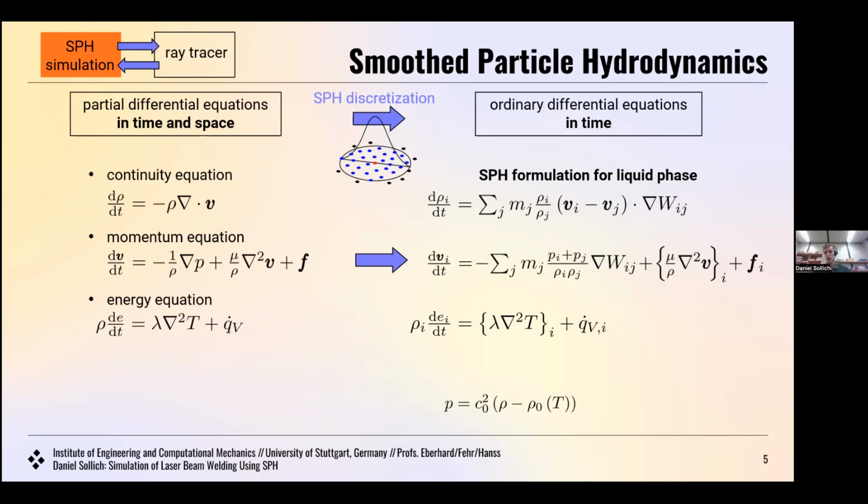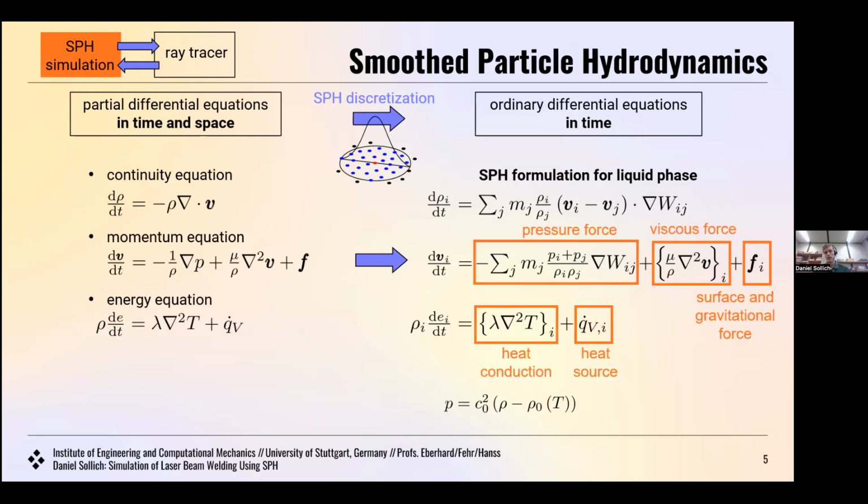And here I want to highlight some terms. So basically in the momentum equation, we need to consider a pressure force, a viscous force, and a surface and gravitational force. While in the energy equation, we have a heat conduction term, as well as a heat source term to consider the energy input of the laser beam.